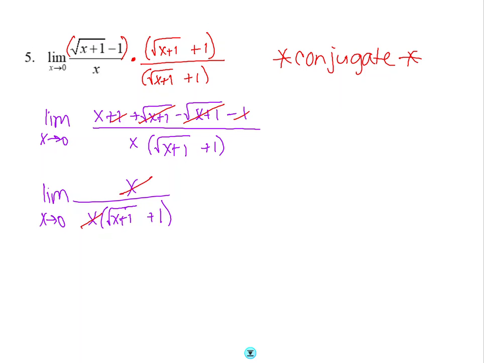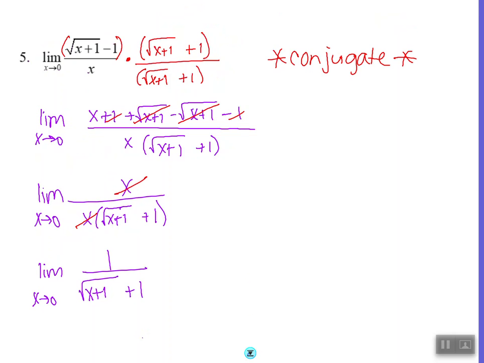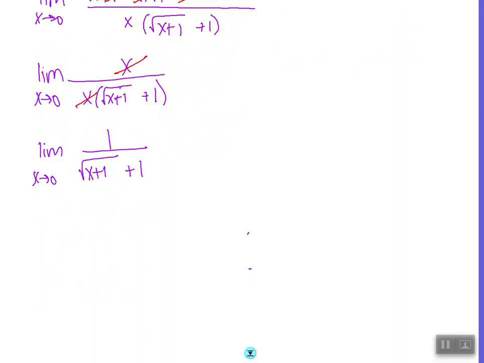I can cancel out the x's, and I'm left with the limit as x approaches 0 of 1 over square root of x plus 1 plus 1. Now I can go ahead and do my direct substitution. If I plug in 0 for x, I end up with 1/2.